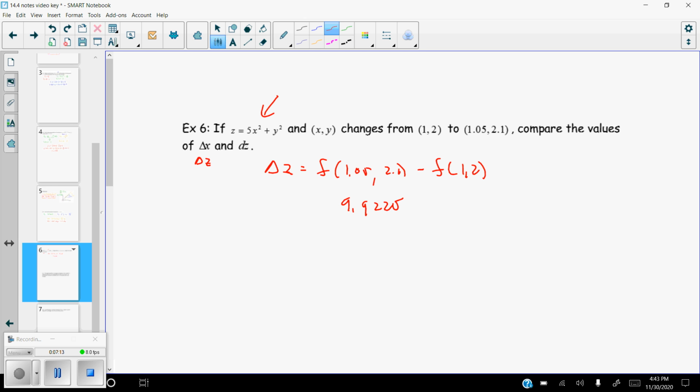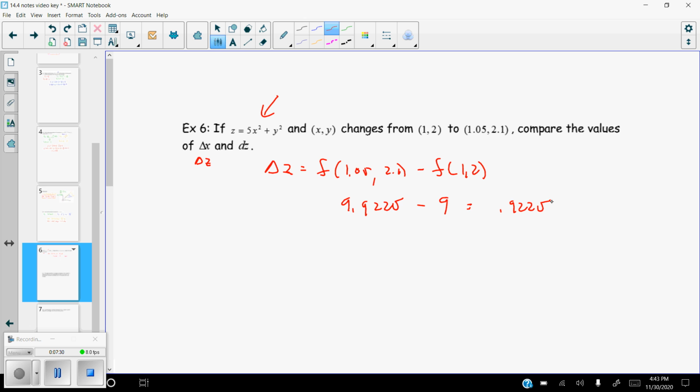Yeah, 9.9225. Plugging 1 and 2 in, we can actually do without a calculator, but you can do it with a calculator as well. You're just going to get 9. So if you subtract those, you just get 0.9225. That's the actual change in z.